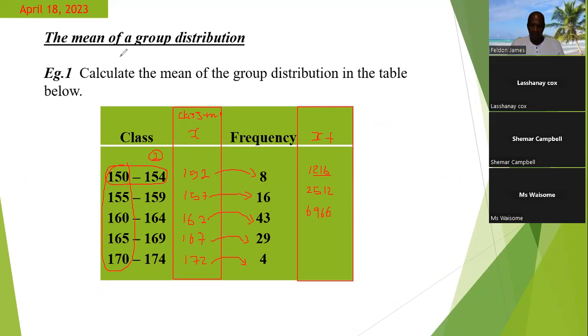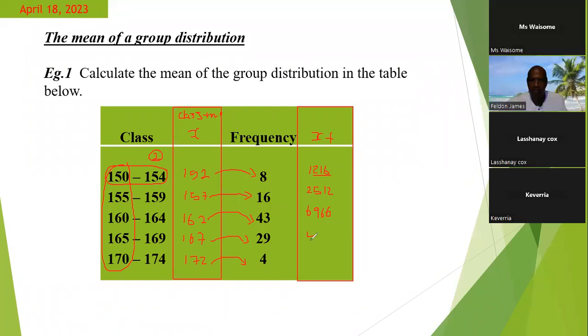Who else has the next value? Sir, 4,843. All right, 4,843. Who else can confirm 4,843?